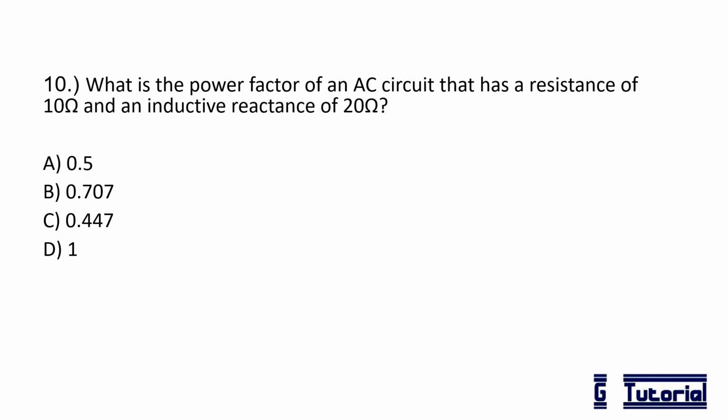What is the power factor of an AC circuit that has a resistance of 10 ohm and inductive reactance of 20 ohm? Power factor is given by cos theta for this triangle. This is the angle theta. Hypotenuse is given by impedance.